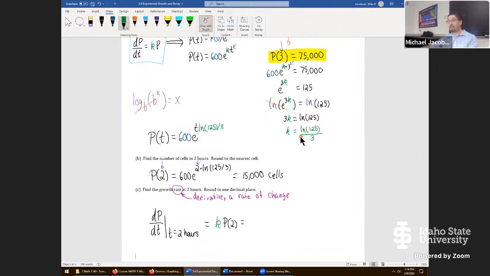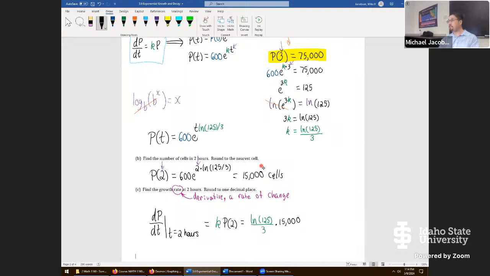We just need to take this value for k, natural log 125 thirds, multiply it against population size 2, which was 15,000 cells. So times 15,000, and we'll get a number out. So that's all we have to do on this kind of problem.